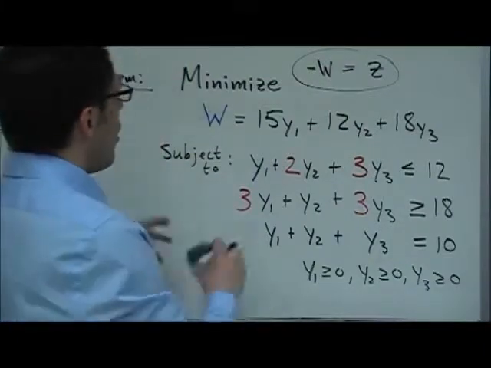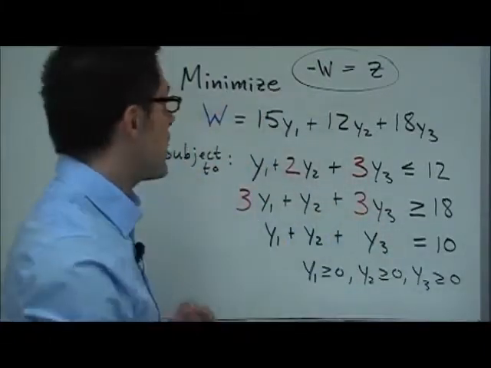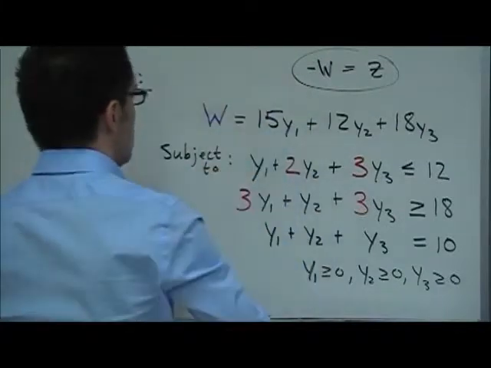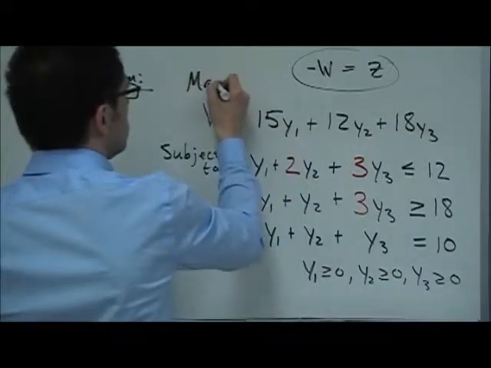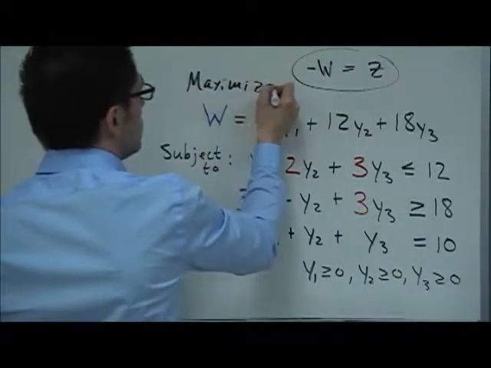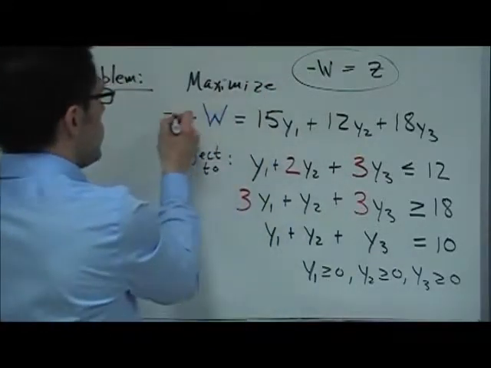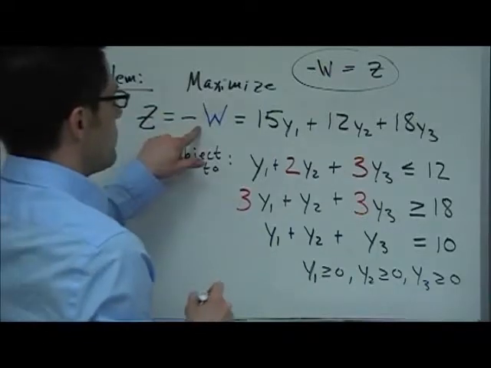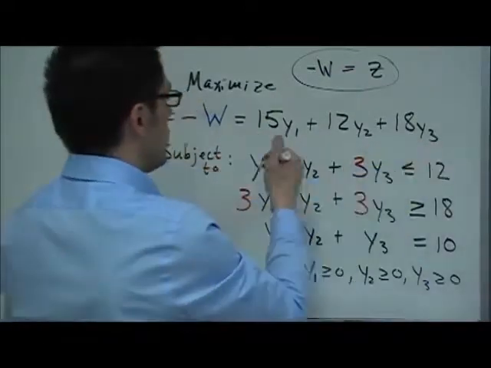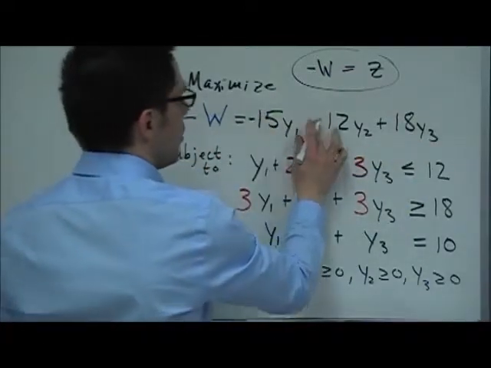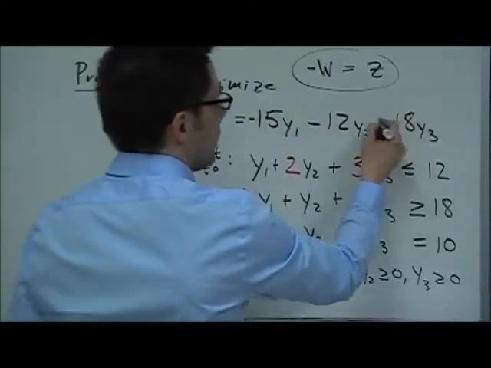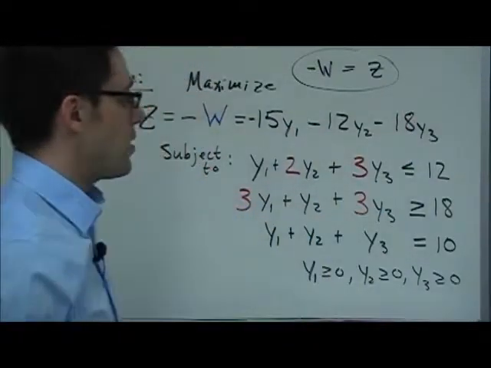It's pretty easy. All we're going to do is leave all the constraints exactly the same, and instead maximize minus w, which is now my new z. So z is minus w. I just negate all of these, so it's minus 15, minus 12y2, and minus 18y3.